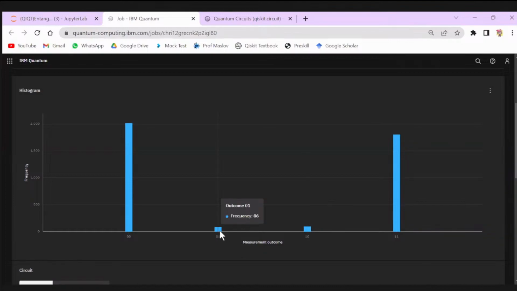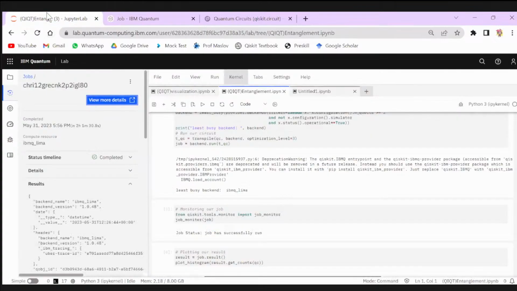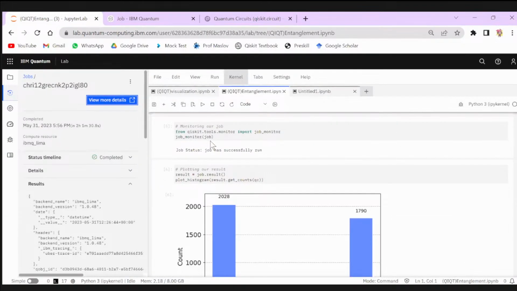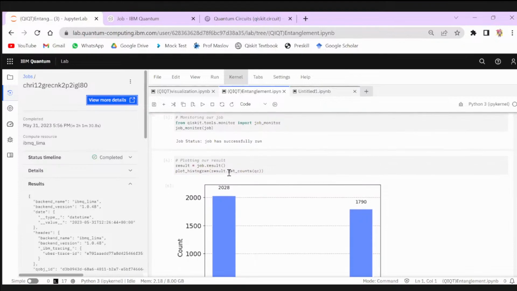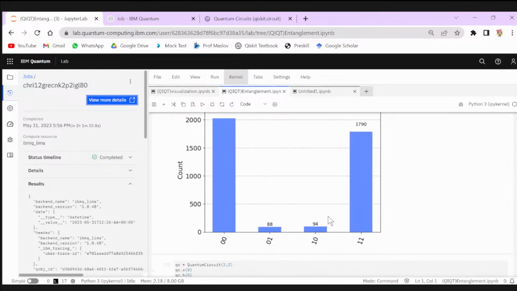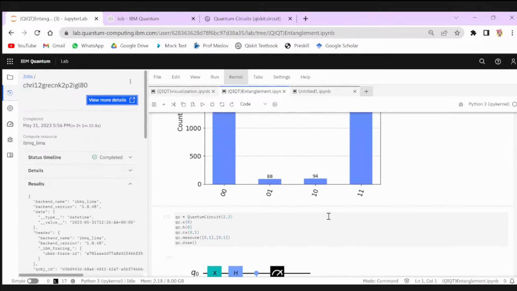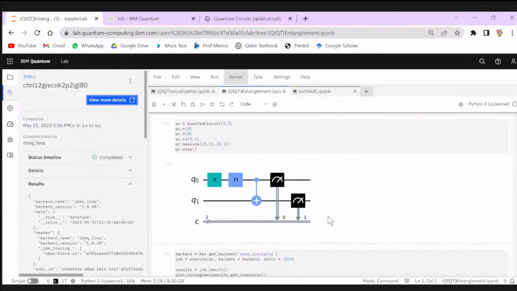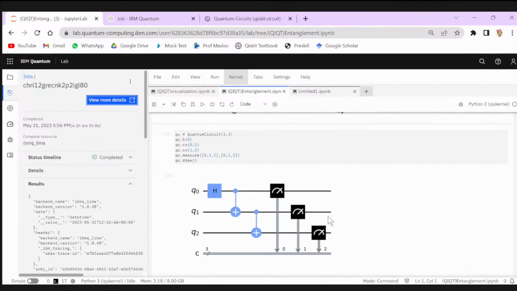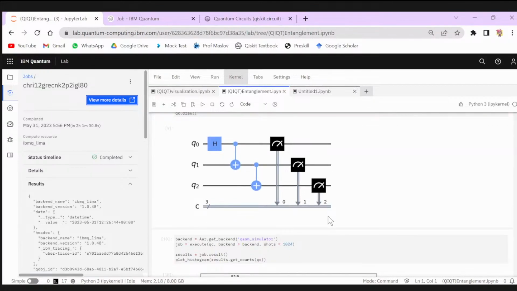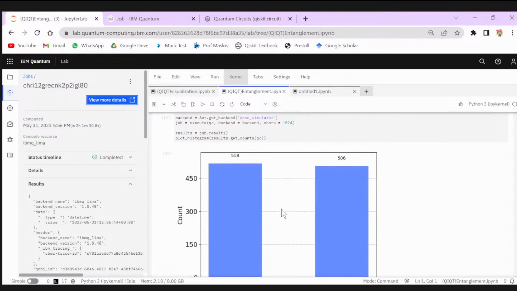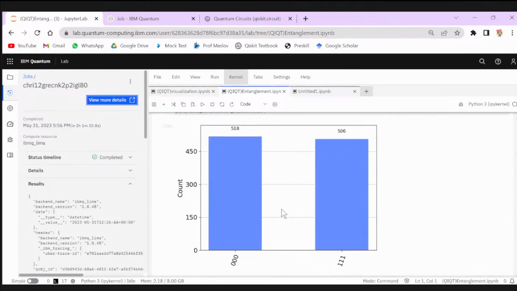Like here, we have some probabilities on the 01 and 10 states also. You can see the job status has successfully run, and the result is shown here. We also created the 3-qubit Bell state, that is the GHZ state, in yesterday's class.